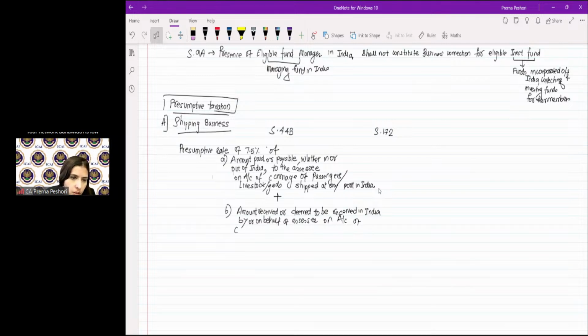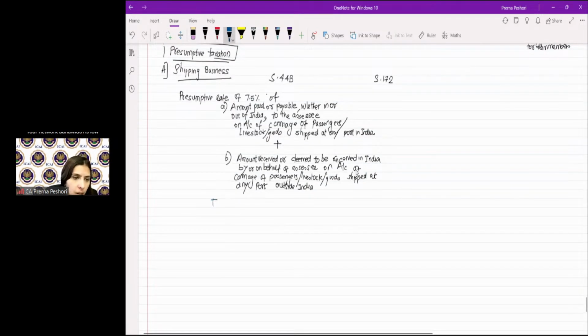And these amounts would also include demurrage and handling charges. Demurrage and handling charges. Are we clear?